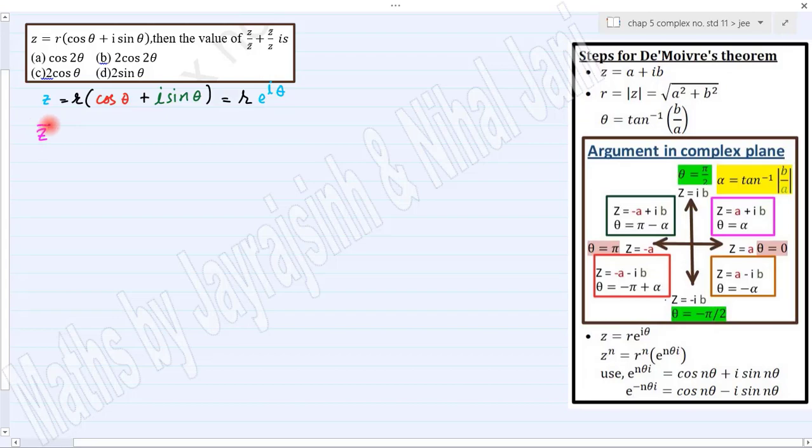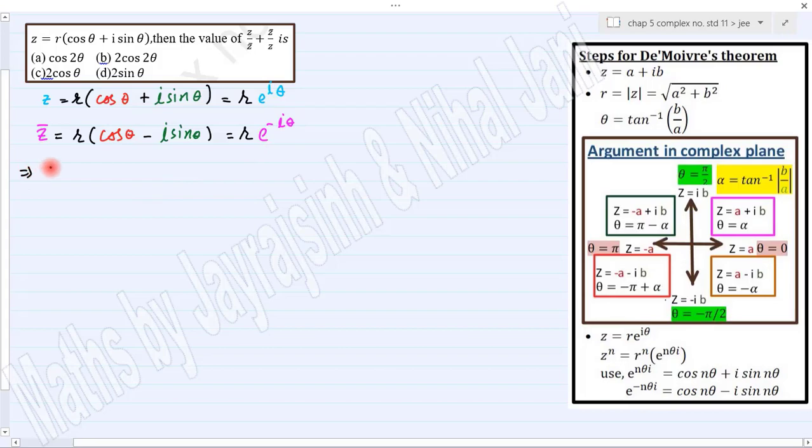We are going to need the conjugate of the complex number. In this case, we will get r into cos theta minus i sin theta, or in exponential form, r into e raised to minus i theta.